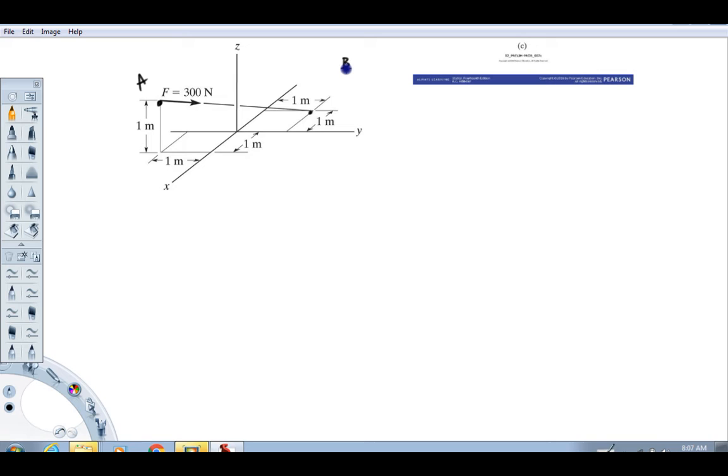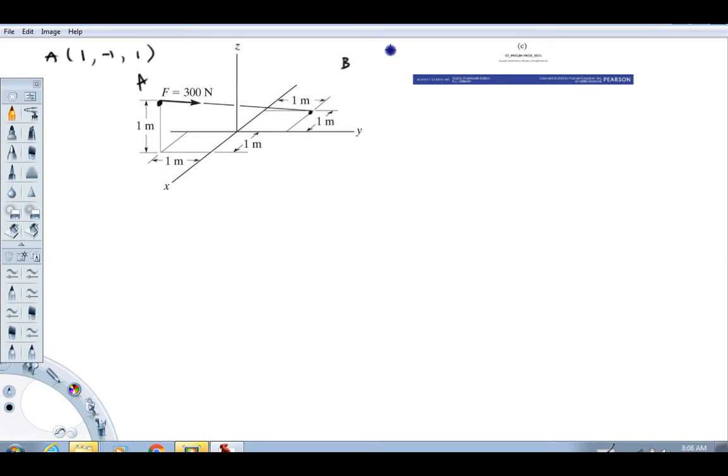Now, the coordinates of point A, we've got an x, y, z coordinate system. It's 1 meter this way, 1 meter back, and 1 meter up. So the coordinates of point A are 1, minus 1, and then up 1, so plus 1, in meters.